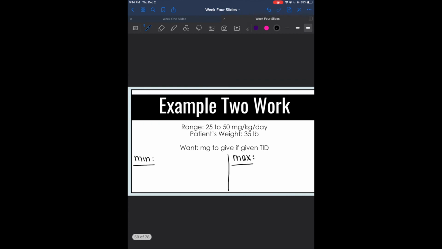Now if we're going to give this medication TID, they're going to get 3 doses per day, because remember TID means 3 times a day. So same setup, we're just going to change our number in our bottom right. So this one we end up with 132.3 milligrams per dose for our minimum.